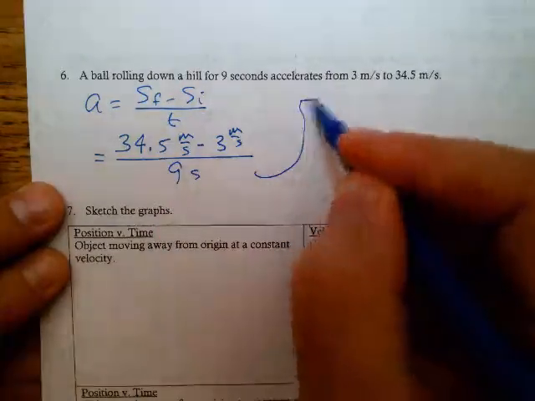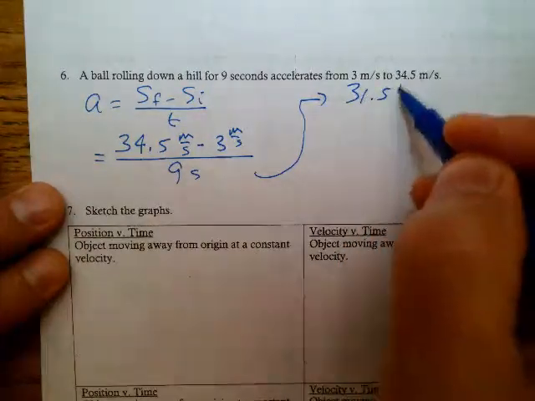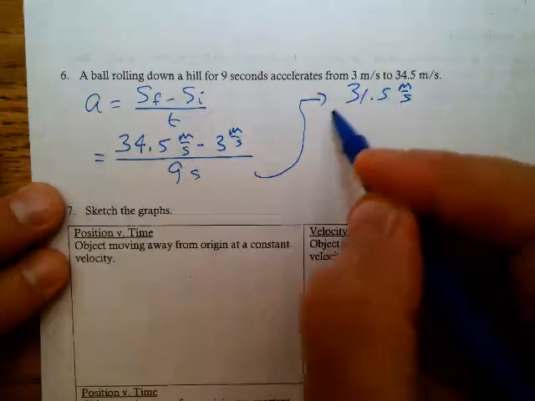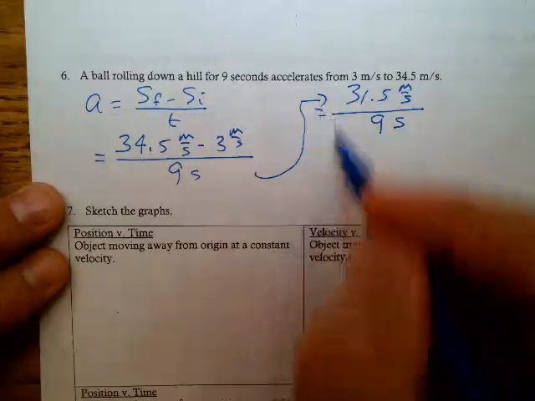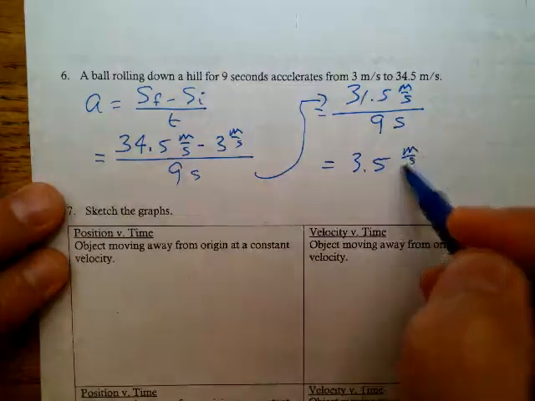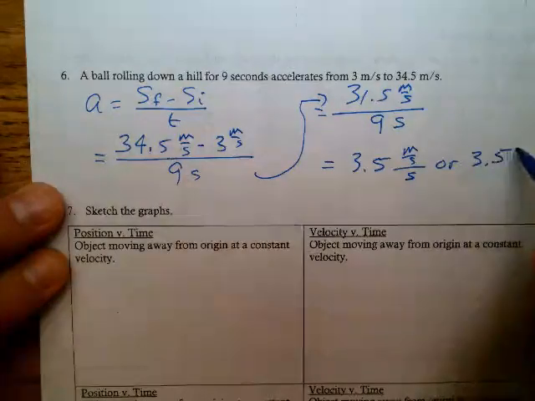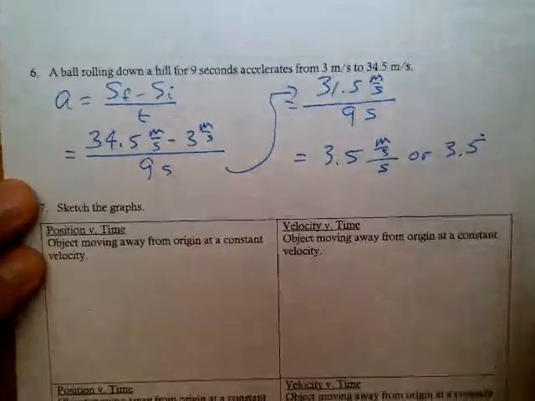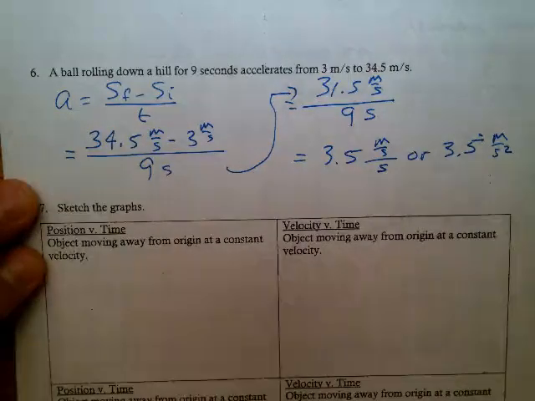And we'll say that's 31.5 meters per second. We just worked out the numerator. We're still going to divide that by 9 seconds, and that equals 3.5 meters per second, or again 3.5 meters per second squared. Again, either of those works.